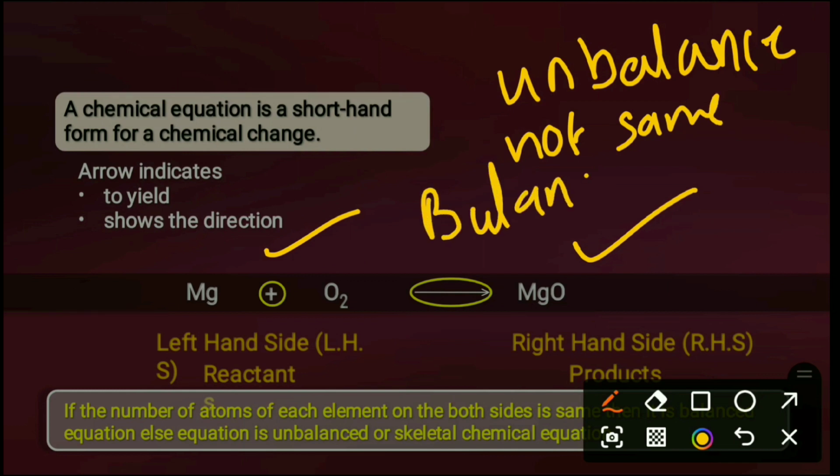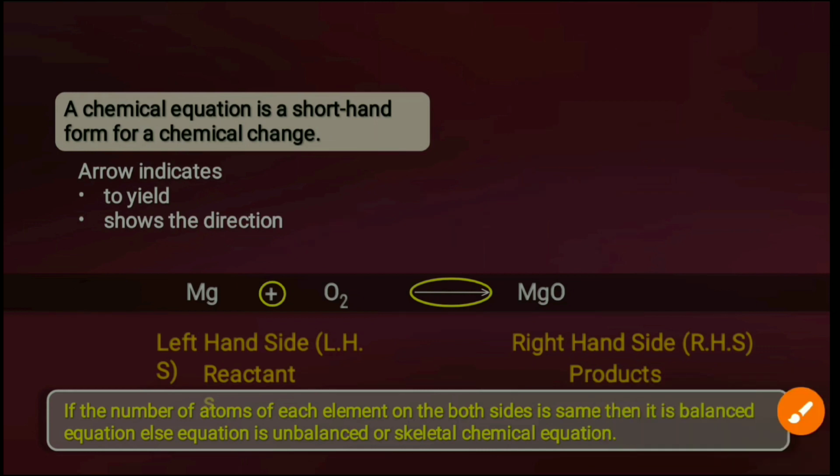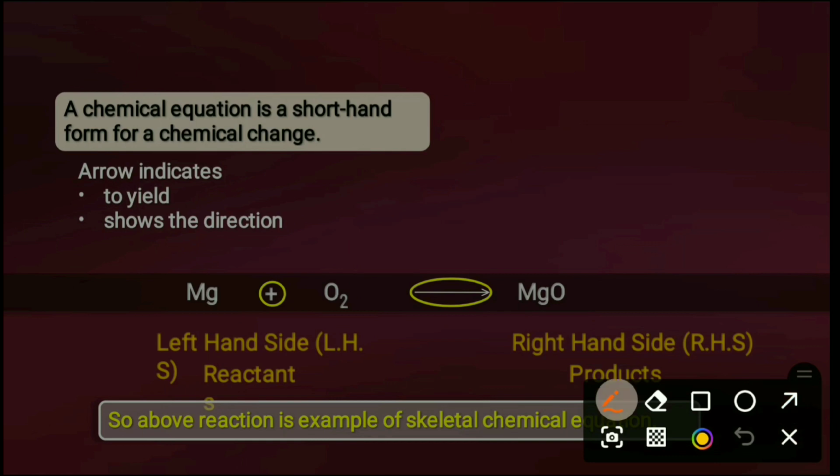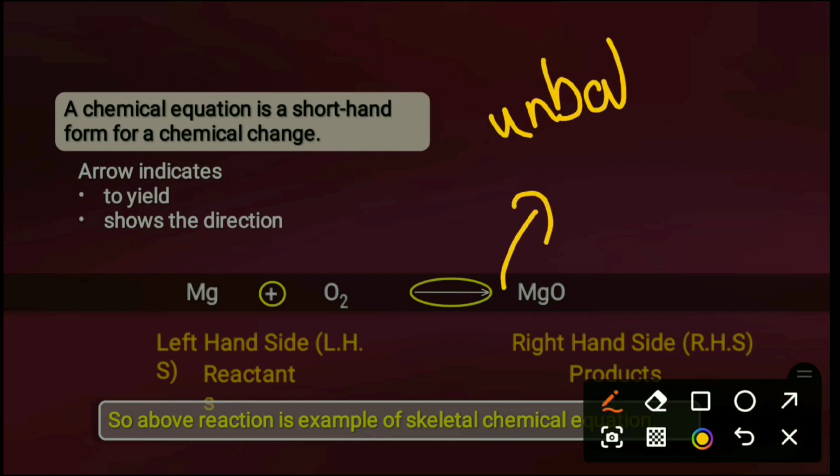Balanced means same. Okay, yes. So the above reaction is an example of a skeletal equation. What do you mean by skeletal equation? I have already said, this example is an unbalanced equation.